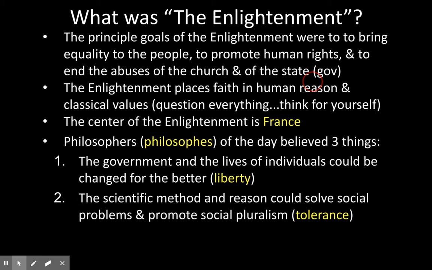Even though there were some early scientific thinkers in the 1500s, it's that 1600s time period that we put a label on, saying that was the scientific revolution. And so the people of the 1700s were just building on what had come before them, the Renaissance and the Reformation and the scientific revolution. They're putting all the pieces of the puzzle together to try to solve the problems of society and to promote some tolerance and liberty.